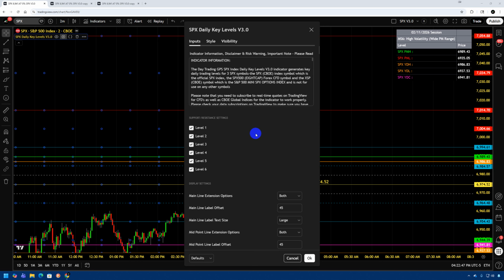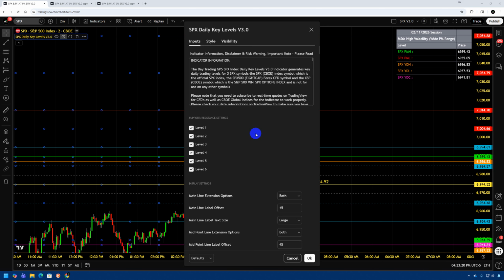S1 through S6. The reason for that in this particular version of the indicator is because there is so much more coding in this indicator than the previous indicator that we ran into a coding character and line limit on TradingView, which you cannot exceed or the indicator can become unstable.